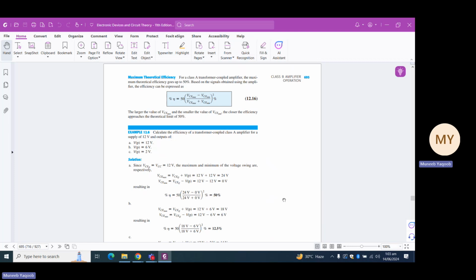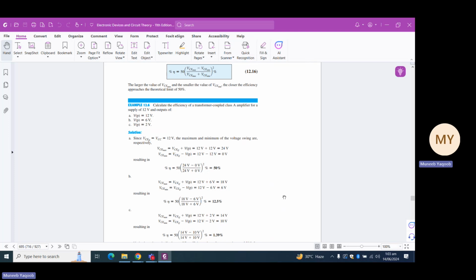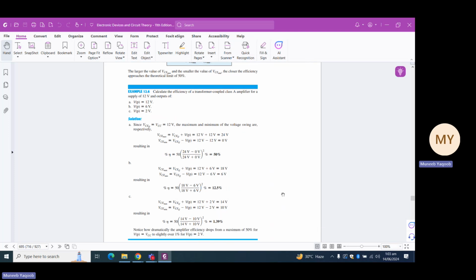Similarly, if the peak voltage is 2 volts, using the same equation 12.16, we can easily determine that the output efficiency is reduced to 1.39%. So the conclusion is, if the peak voltage is higher, then the efficiency of the class A transformer coupled power amplifier will be higher.